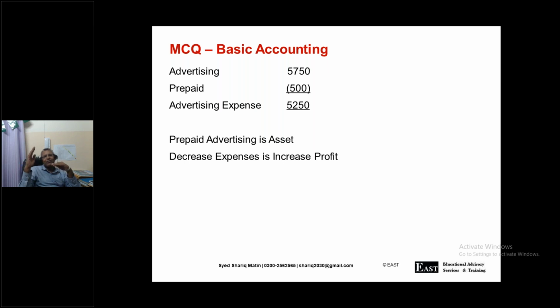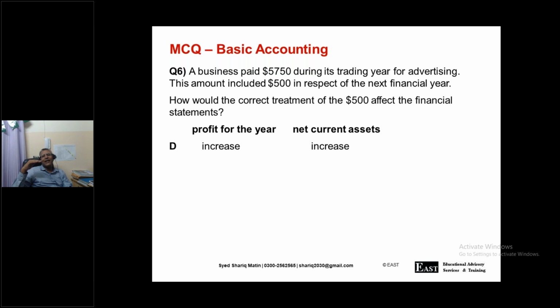We have discussed it multiple times that prepaid expense is an asset. Prepaid advertising is a current asset, and there we are. Is it okay with you? Elia, you got the correct answer. Amir, let me know if it is okay with you, so I can move forward.